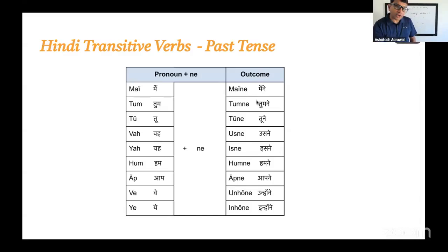Just like how you are learning the other pattern, I would take any transitive verb. Let's say I take the verb khana, and I conjugate that as khaya. Then you can just say मैंने खाया, तुमने खाया, तूने खाया. It will help you a lot.